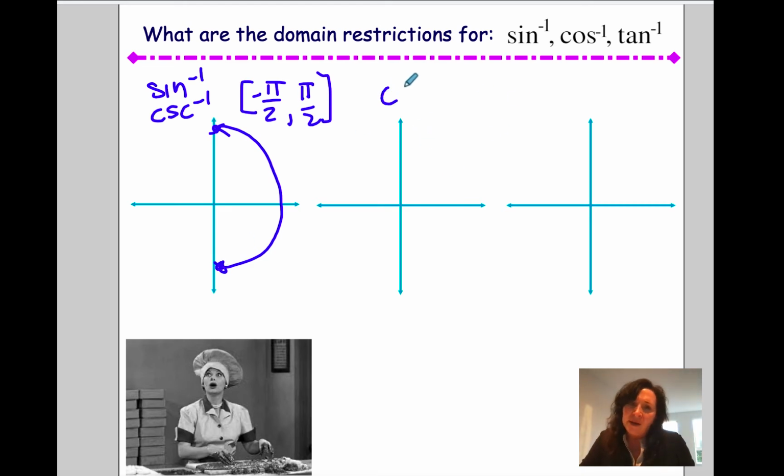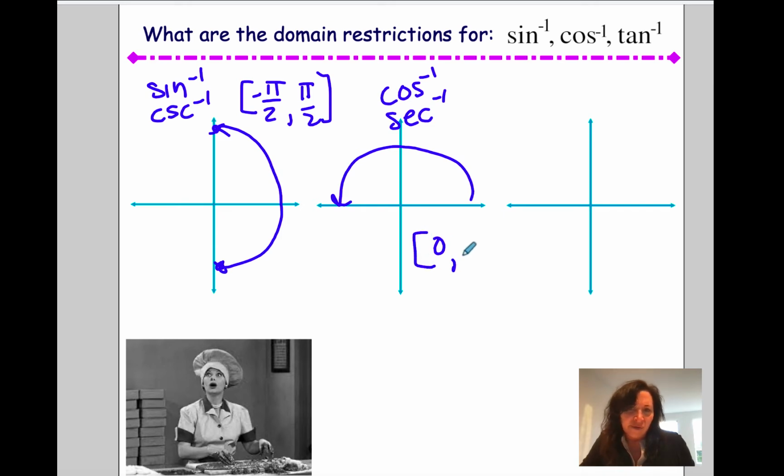For cosine, the restricted domain also counts for secant. That's going to be from 0 to pi. So you would write it like this, 0 to pi. Okay. For tangent, the restricted domain, again, is from here to here, which is negative pi over 2 to pi over 2.